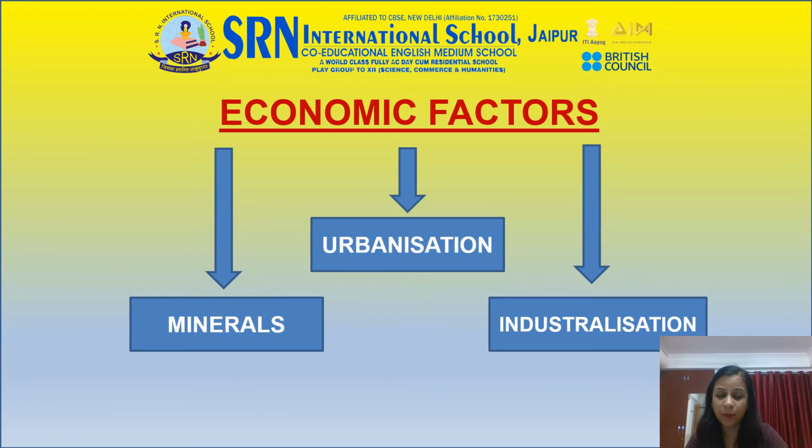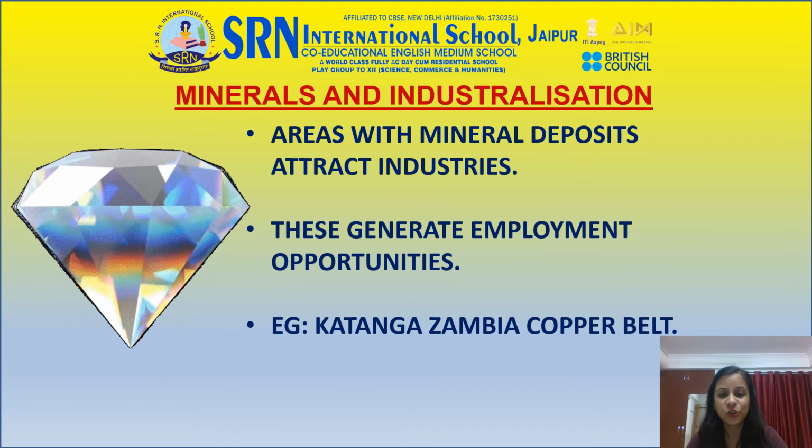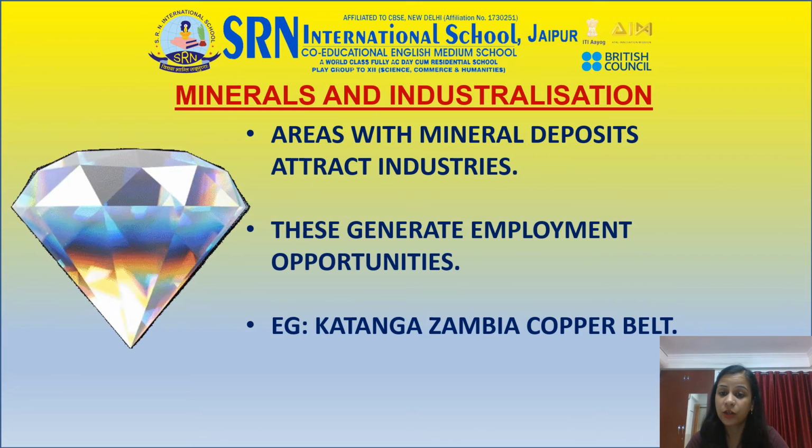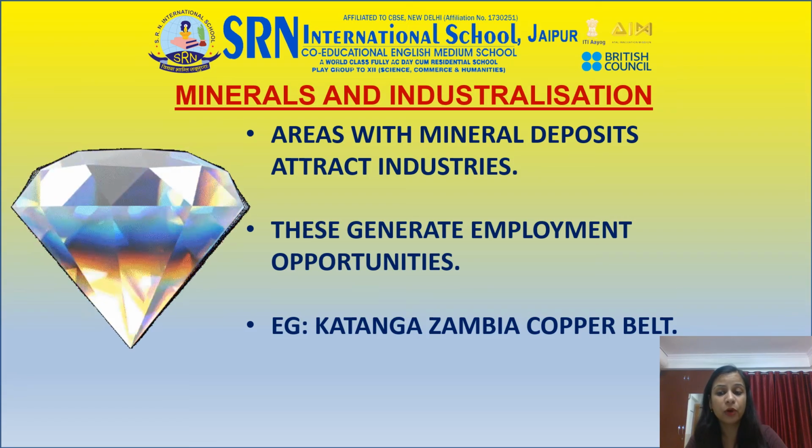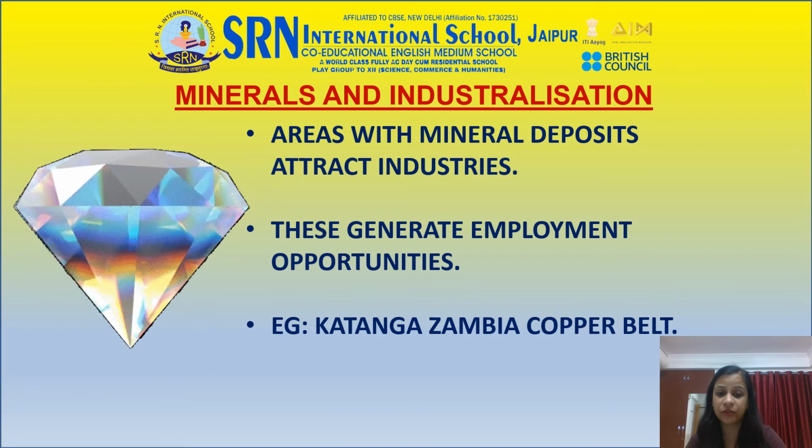Now let's talk about economic factors. A number of economic factors also affect population growth. For example, minerals, urbanization, and industrialization. Let's talk about minerals and industrialization. The areas which have mineral deposits attract a number of industries and factories.